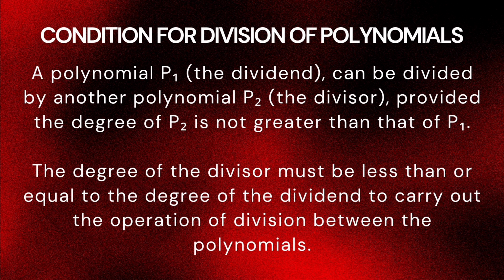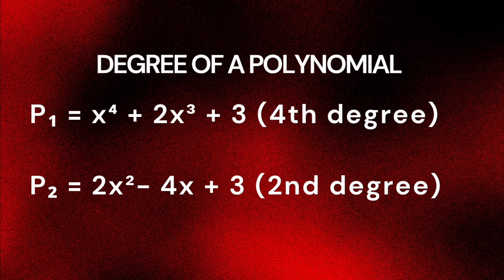Now that we've established that, you must understand that in division of polynomials, a polynomial P1 can be divided by another polynomial P2, provided that the degree of P2 is not greater than that of P1. In these two examples, P1 can be divided by P2 because P2 is of a lesser degree than P1.